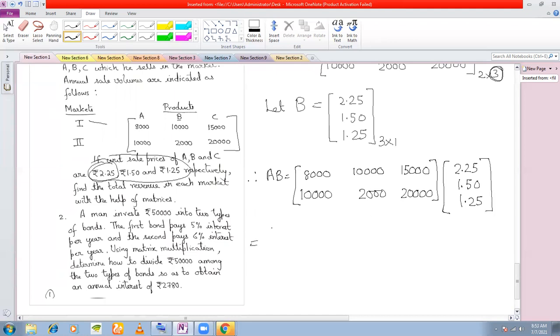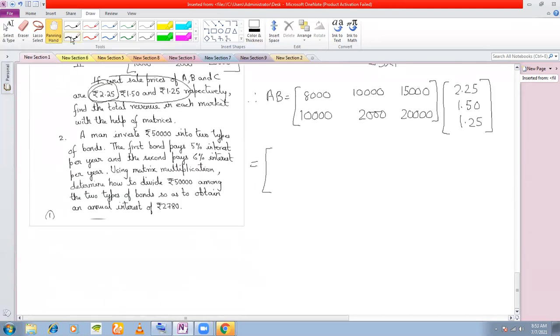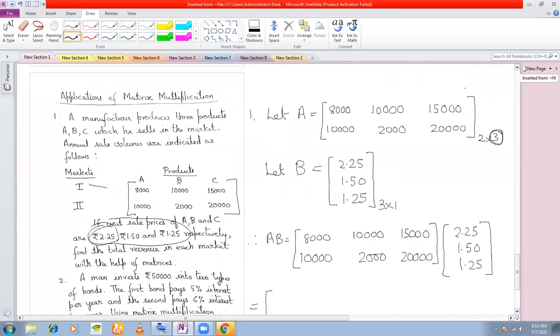Now, if you multiply these two matrices, we normally call this the product matrix because this contains the number of products. Okay, this we call the price per unit matrix. And this AB we call a revenue matrix.